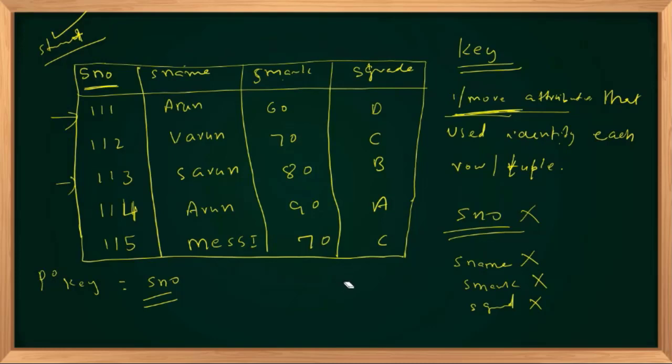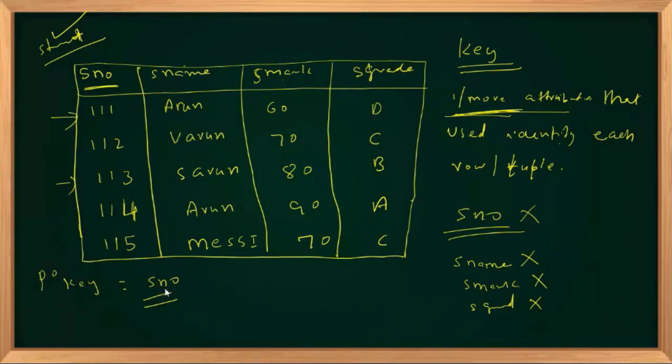What's the definition for key? It is a set of one or more attributes used to uniquely identify each tuple, each row, each student. Then what is primary key?